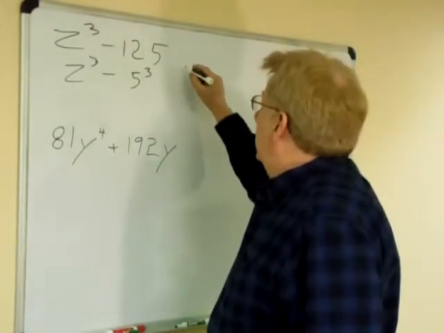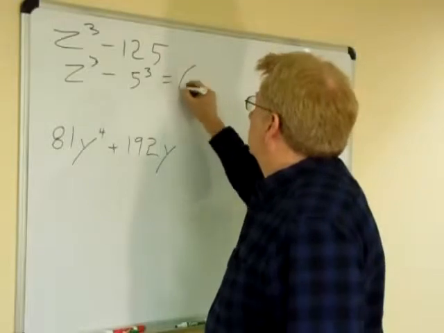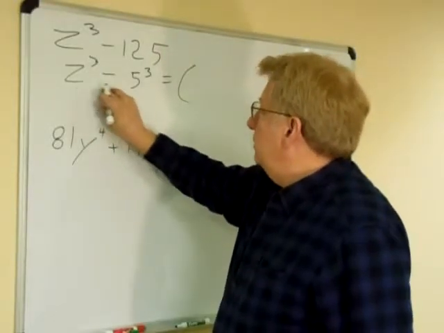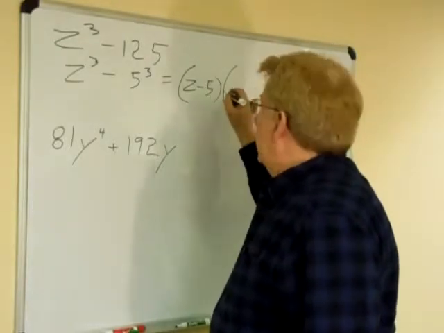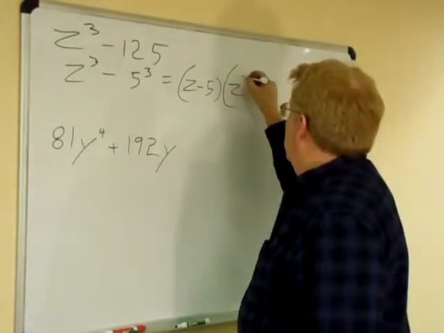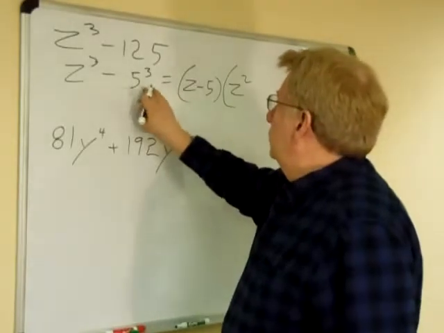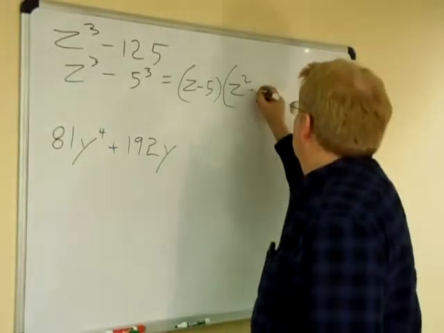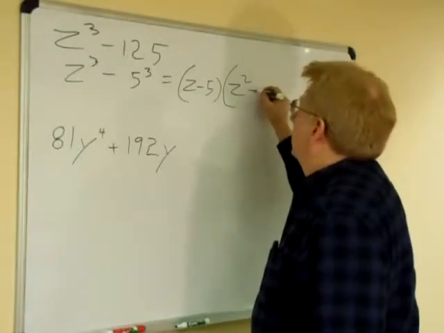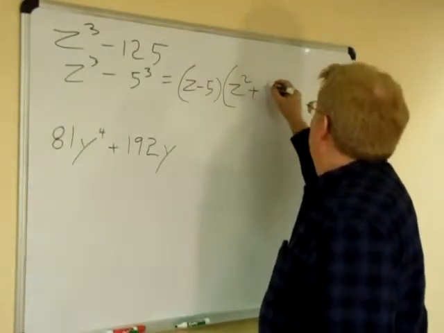So that would be the a minus b, or z minus 5, and that would be times then z squared minus the product of the two a and b, so 5z. Actually that'd be plus 5z.